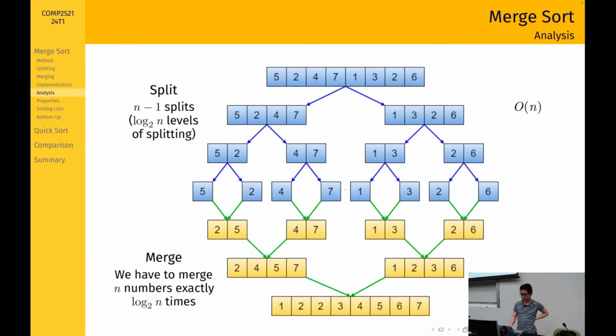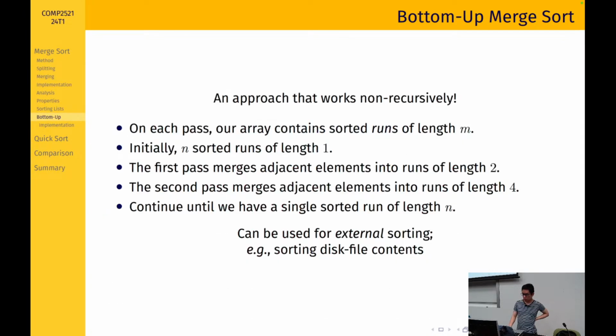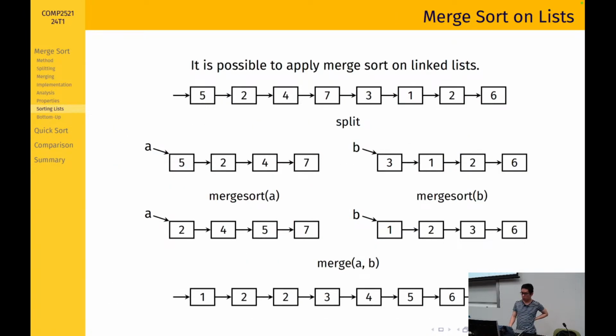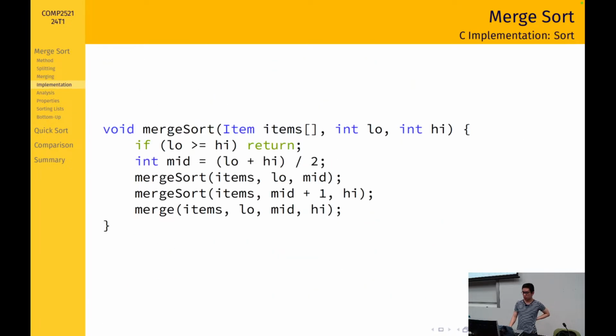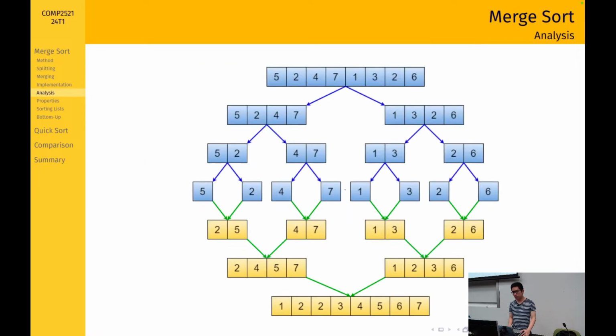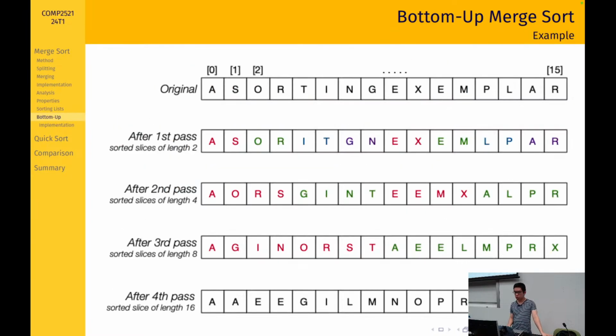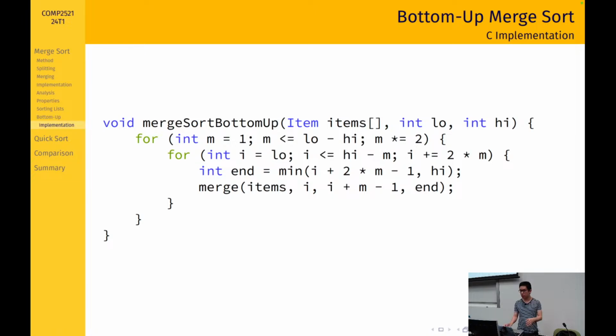So I'd say that top-down merge sort is easier to understand, like the logic of it. So, you calculate the midpoint, then you call it recursively, then you merge. Yeah, I don't see why you couldn't use bottom-up merge sort, because bottom-up merge sort is non-recursive. That means it uses one stack space, right?